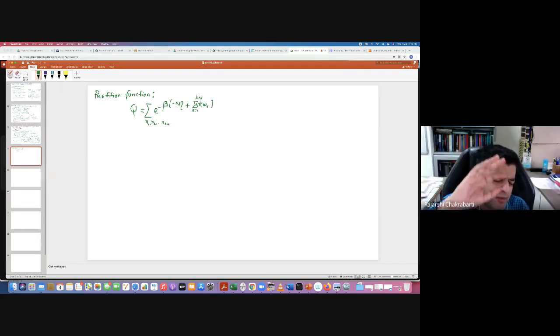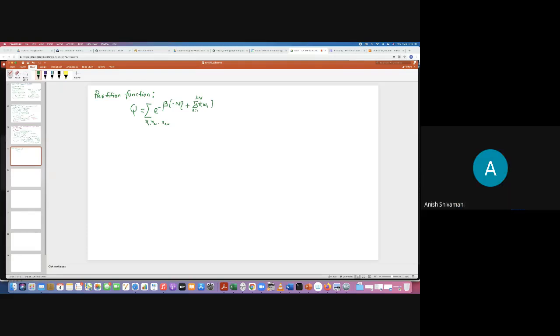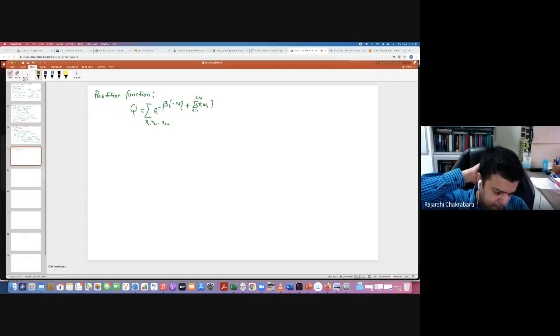For atom number 1 you have n1, n2, n3, because there will be 3 of them. One for each mode, for each normal mode. These are normal modes now, not atoms. I'm using the language of normal modes. For each normal mode, I have one quantum number, and n varies from 0 to infinity. All these n's are integers and vary from 0 to infinity. Is this clear?